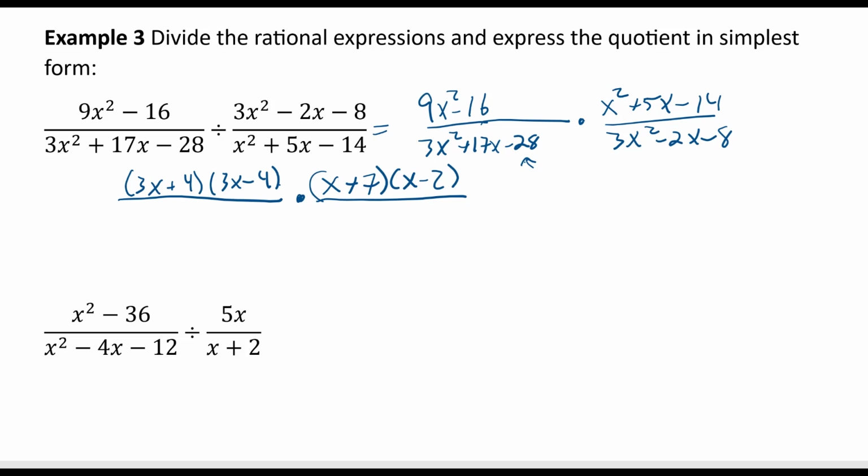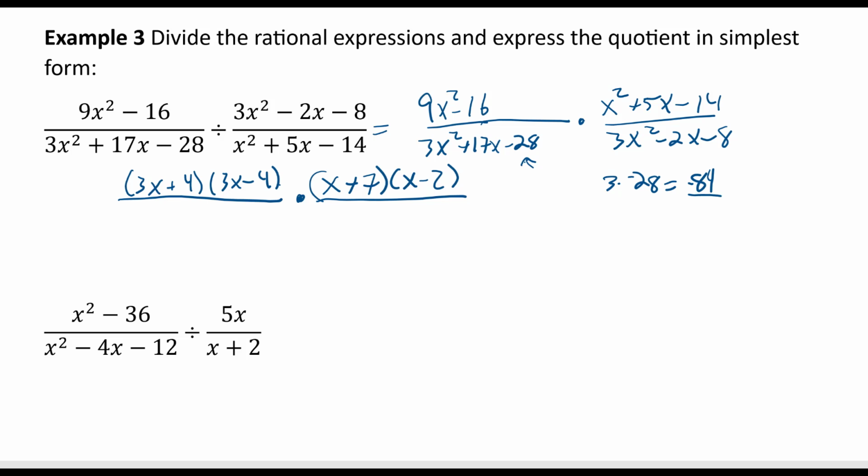But if we want to go the long way, we could say 3 times negative 28 is negative 84. I want factors of negative 84 that add to be 17. So we know it's not 2, 3, 4.